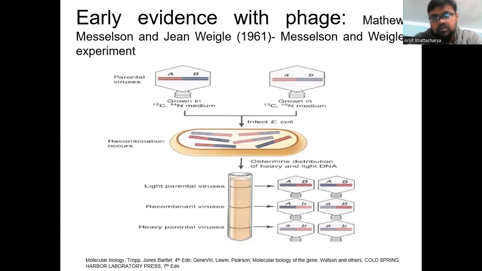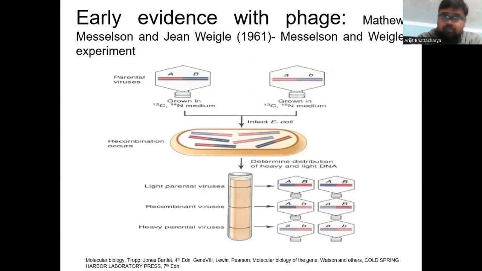The second phage they isolated were from a media where the carbon is C13 and the nitrogen is N15. Both are heavier isotopes of carbon and nitrogen respectively.